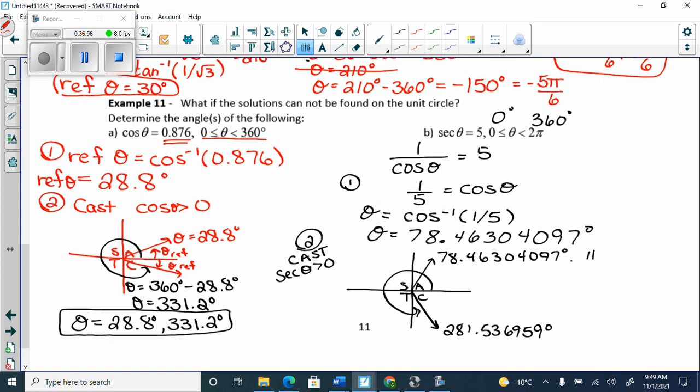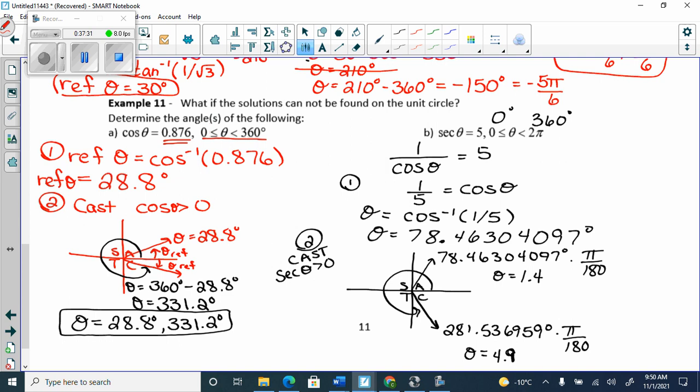Degrees to radians, what do we have to multiply by? Pi over 180. And you're going to actually multiply by pi over 180 in this case. You're not going to keep the pi on the top of a weird decimal. So you're going to take that answer above, times it by pi, divided by 180, and I get 1.4 radians. And then this one I'm going to take my 281 times by pi, divided by 180, and I get 4.9.